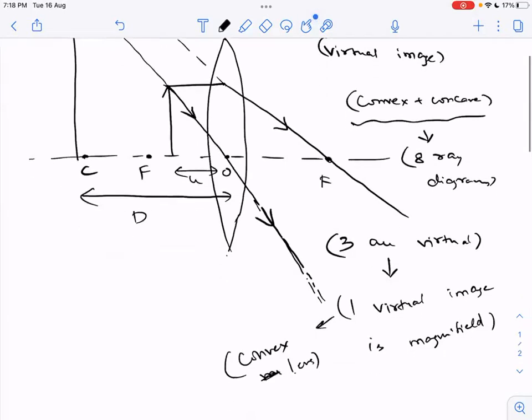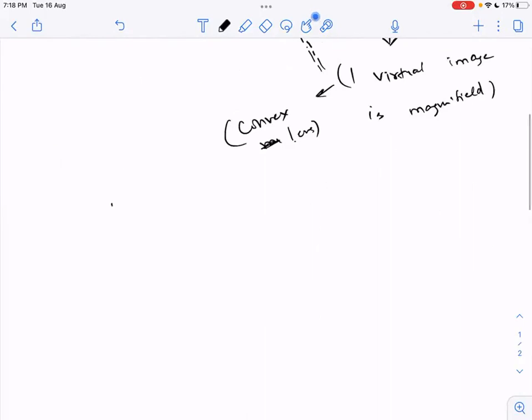Now see, let's say this is the height of the object and your eye is here. And you're looking at this object at an angle, let's say theta, or I'll call it alpha.